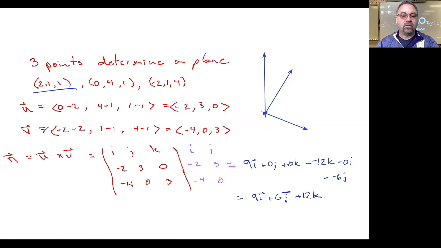And so I can see that the equation for my plane then would be, can I scroll this? Make more room? No, I can't.